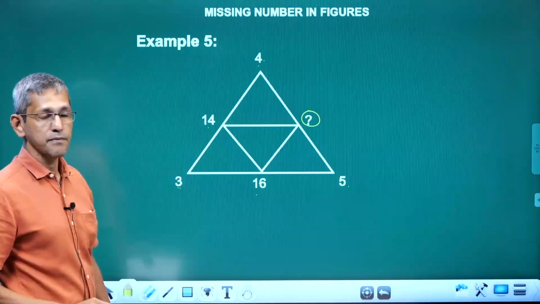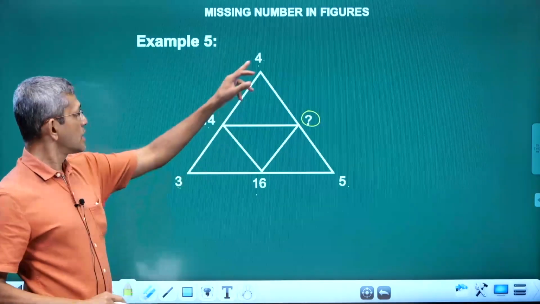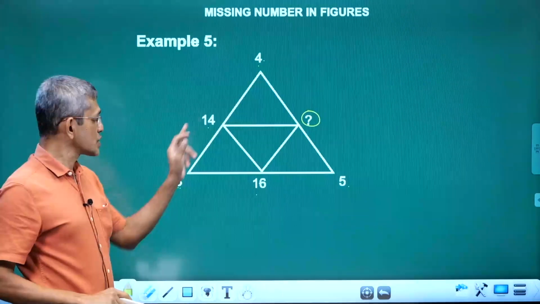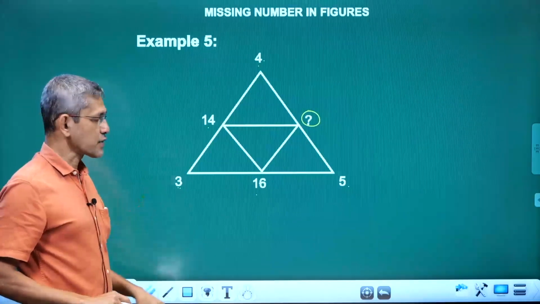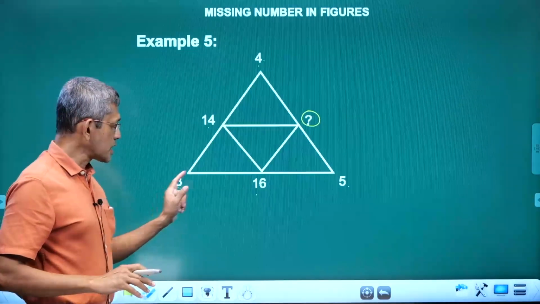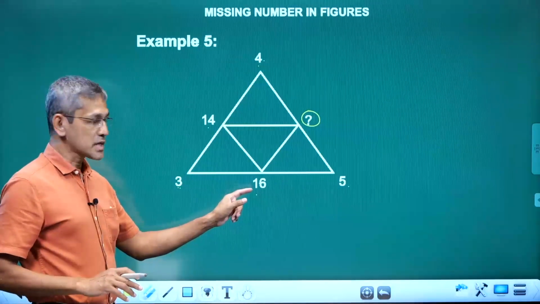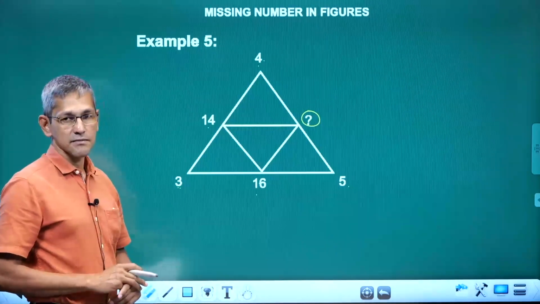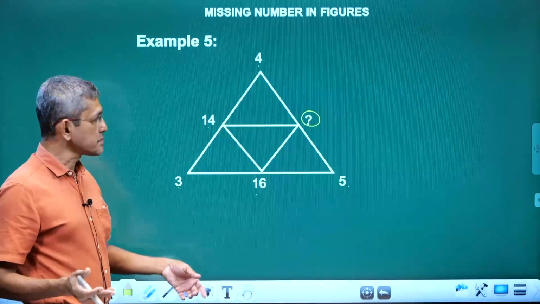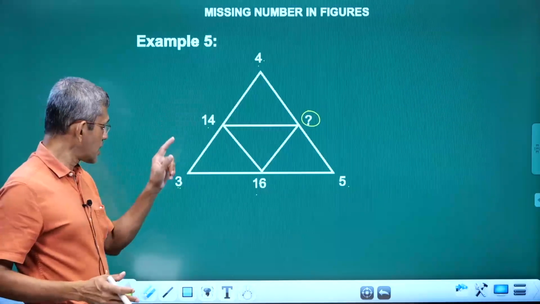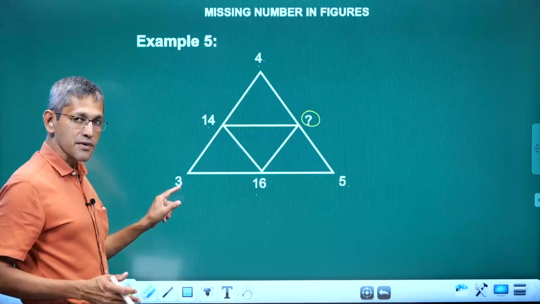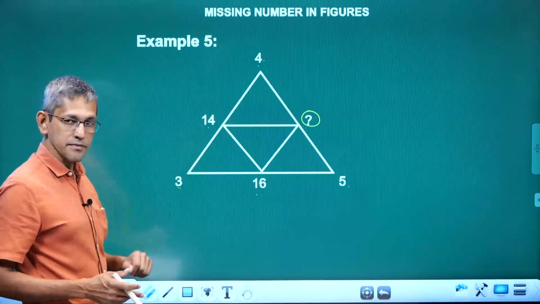So what kind of pattern is right here? 4 into 3 is 12. 12 plus 2 is 14. If that's the case, 3 into 5 is 15. 15 plus 2 must be 17, but here it's 16. Is there any other pattern possible? 4 plus 3 is 7. 7 into 2 is 14.